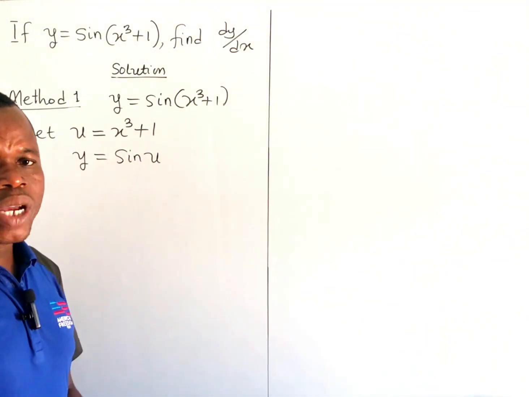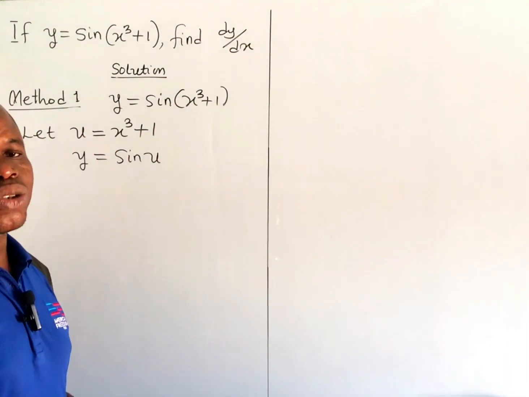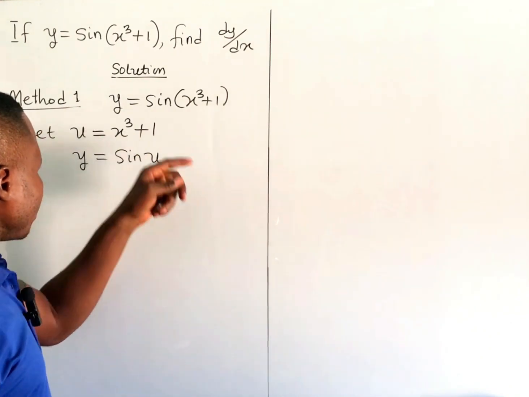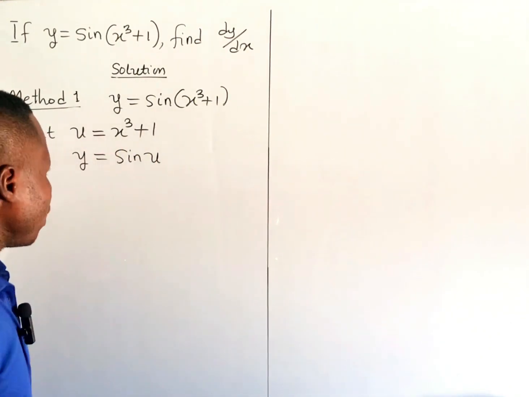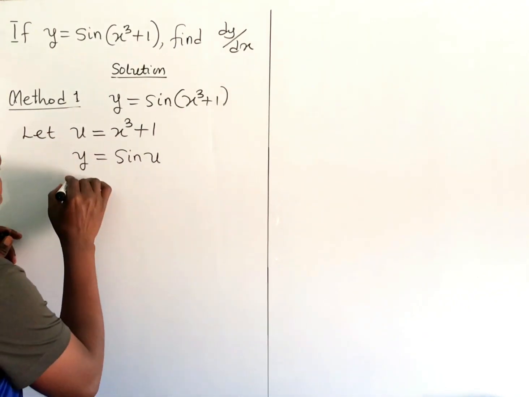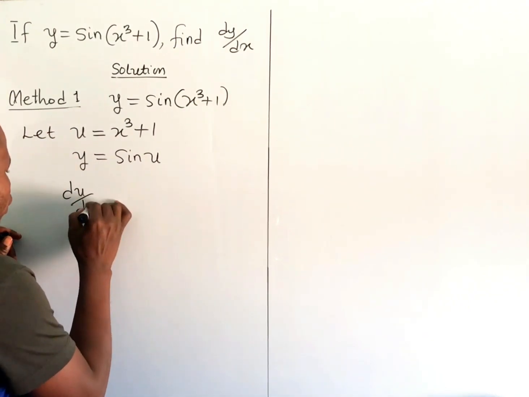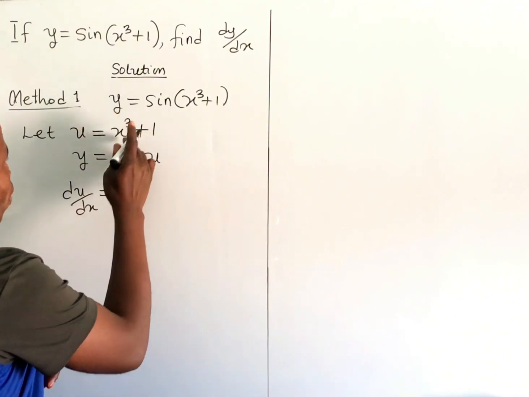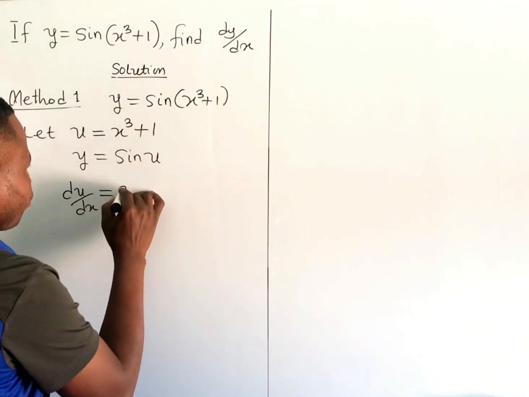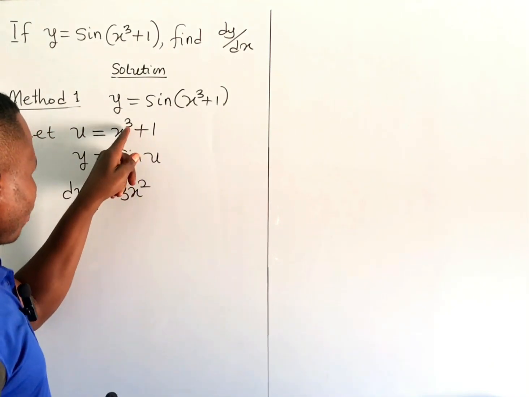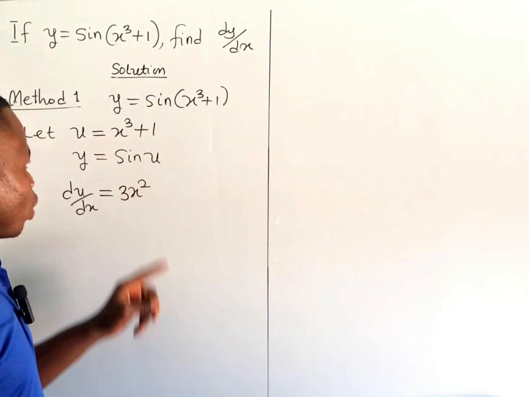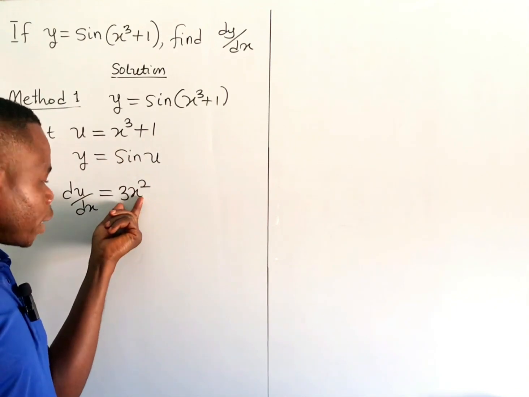After getting these two equations, we now differentiate each of them. So the first equation here, I will differentiate it with respect to x. That means that here I'll have du dx is equal to the differential of x cubed, which is 3x squared. That is, the power or the exponent will come and multiply the variable. So 3 will come and multiply x, you get 3x.